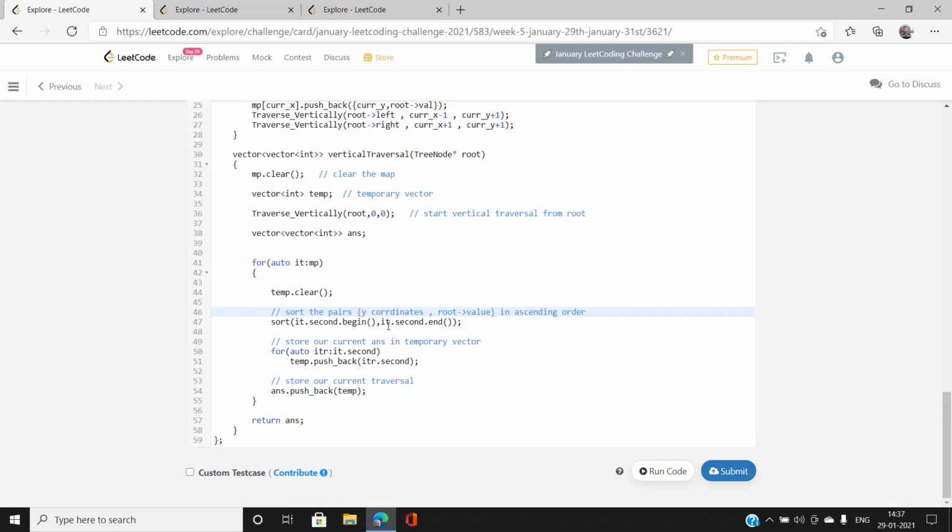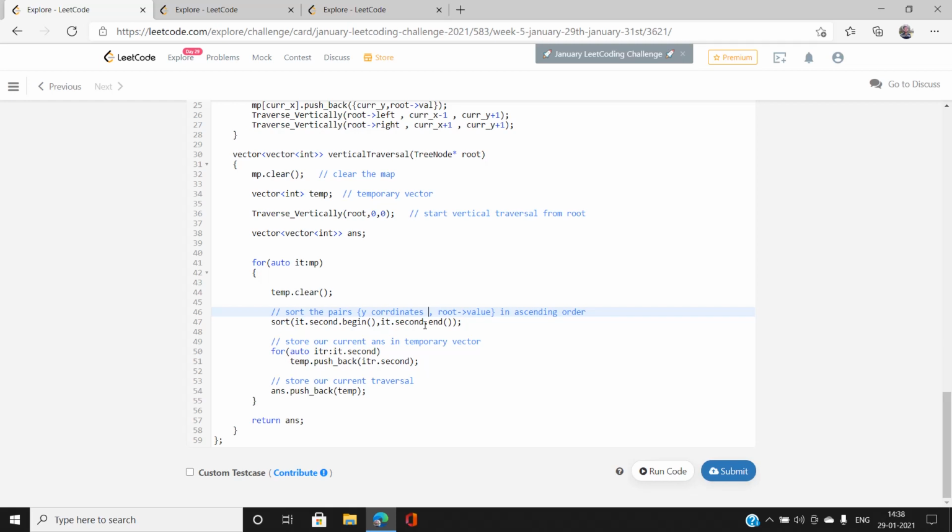When I am done with the sorting, I am going to push back the entries into a temporary vector, which I have already cleared for each iteration. I push back the second entry, which is the value I have to report. The values are already sorted according to increasing y coordinates, and if the y coordinates are the same, then I push back our entries according to the minimum root value.